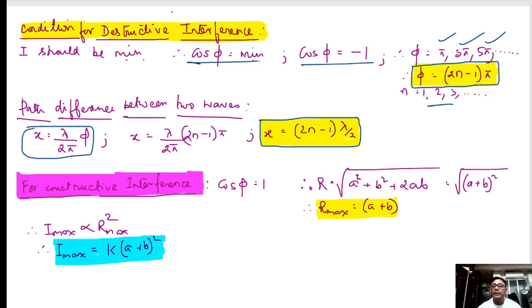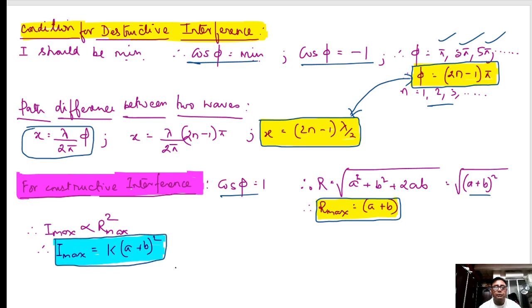Please note that these two formulas are very, very important. Now for constructive interference, we know cos phi is 1. So a square plus b square plus 2ab cos phi gives the resultant amplitude as the sum of the amplitudes. The resultant intensity is the square of the amplitude, which is k into a plus b whole square.